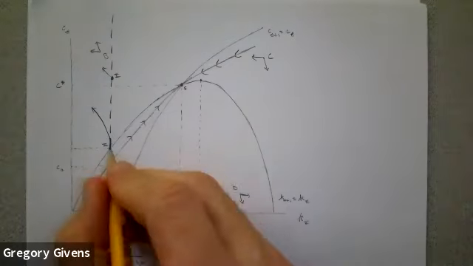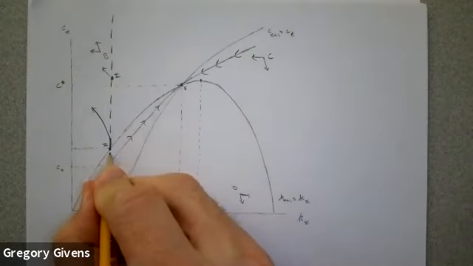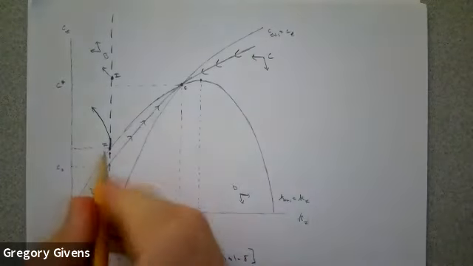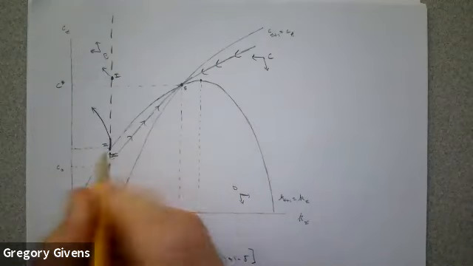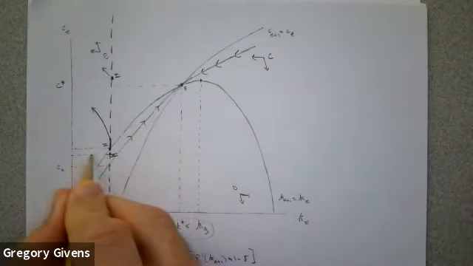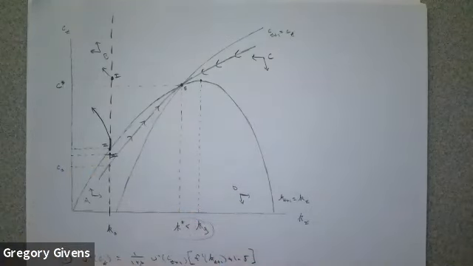Let's take a point that's right below the K_t locus. I'm going to call that point 3. What is the subsequent path of consumption and capital going to look like here? Well, what region are we in?